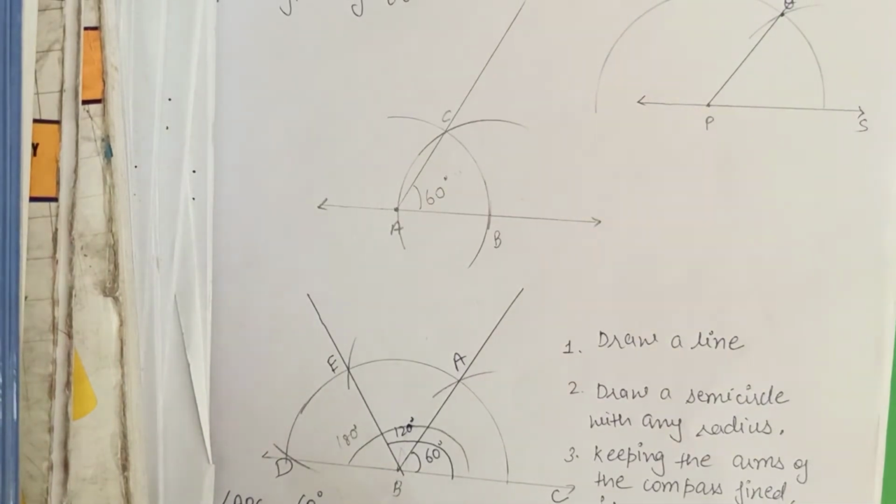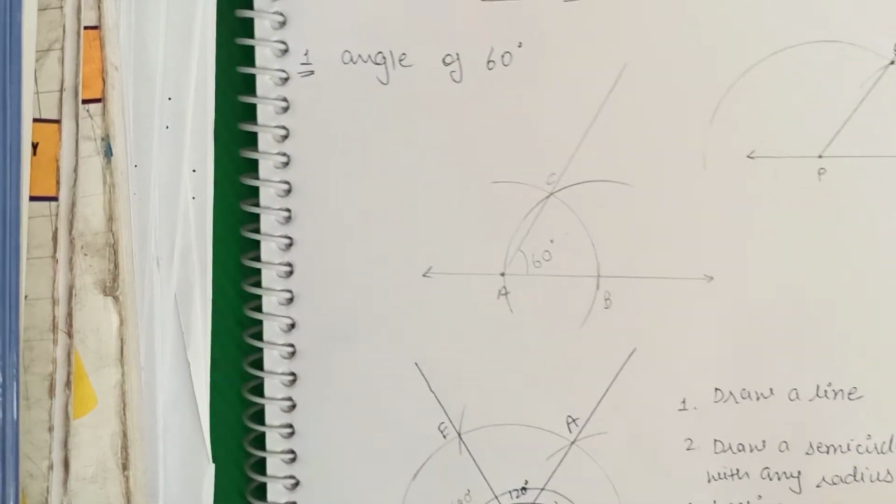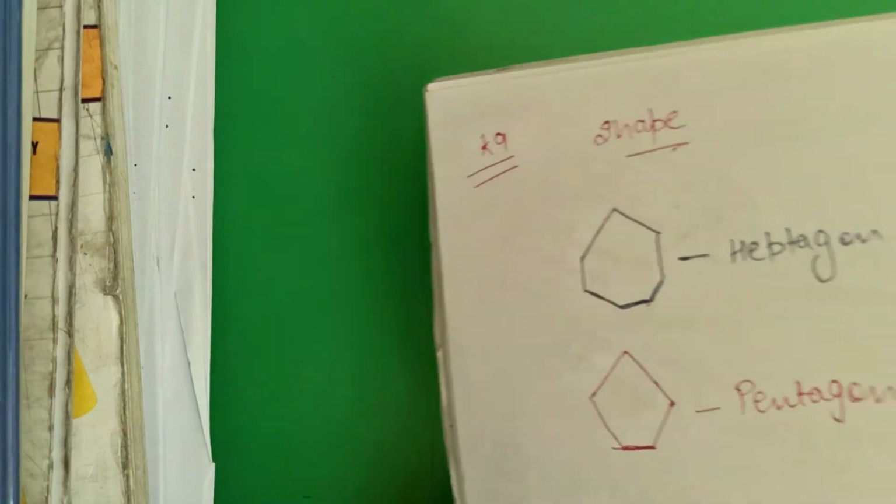After this, how to construct the angle of 30 degree. 90, 60 and 120 we have done. Now we will draw how to construct of 30 degree.